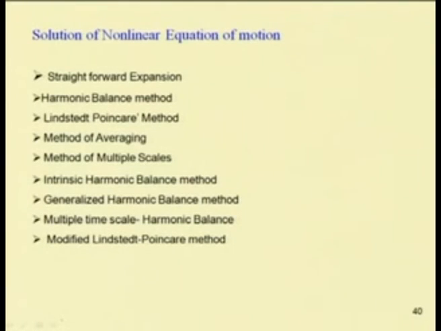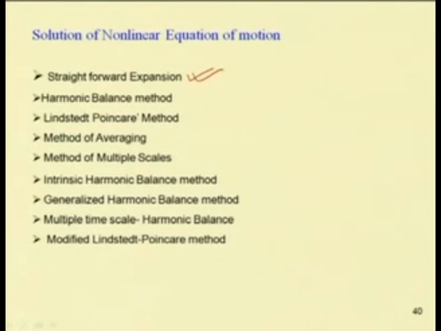So, to find the approximate solution, one can first use the straightforward expansion method. In straightforward expansion, by taking some approximate function, one can find the solution of the system. Later we will see that the straightforward expansion gives rise to erroneous results.